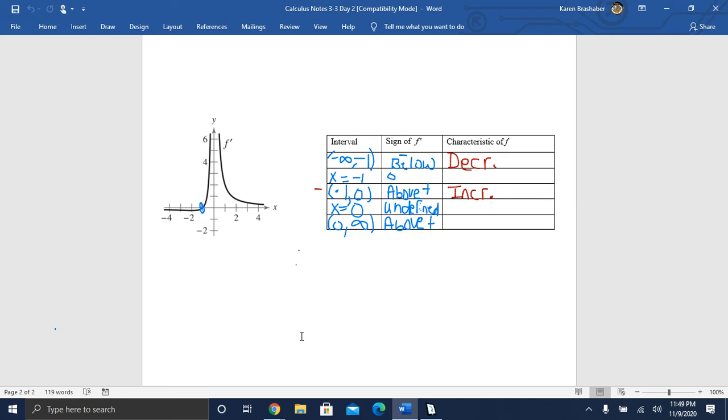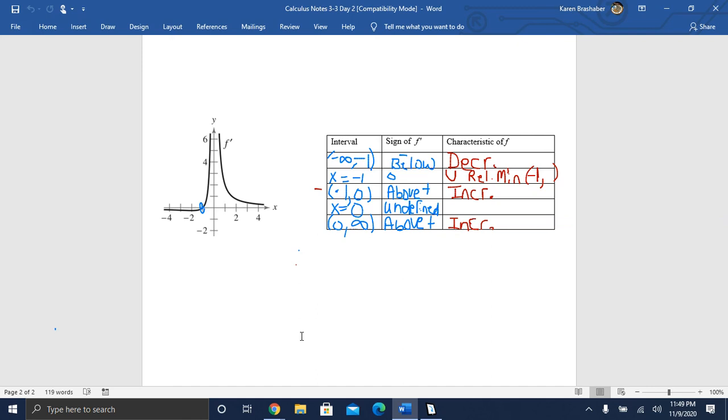So since we're going from decreasing to increasing, we have a relative min, and we know the x value. We don't know the y, but we know that it occurs when x is -1. And then from 0 to infinity, we know that our graph is increasing because our derivative was positive.